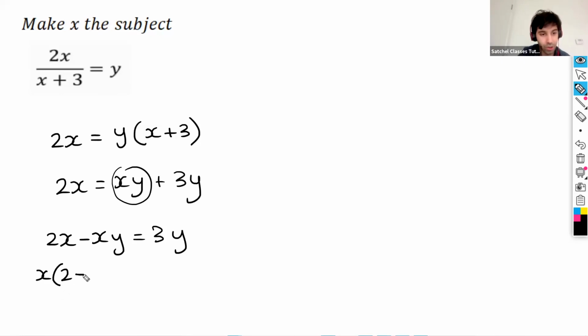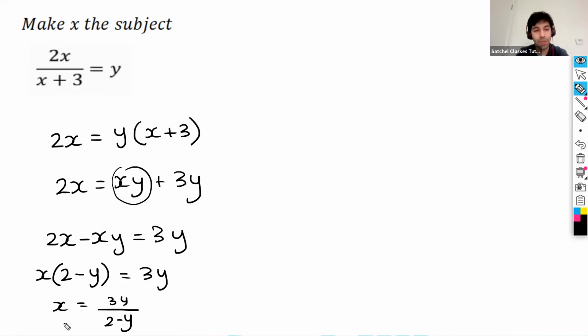So this becomes x times 2 minus y is equal to 3y. And then what we will have to do is divide both sides by 2 minus y. So x is equal to 3y over 2 minus y. And that will be our final answer. So x is now the subject of our formula.